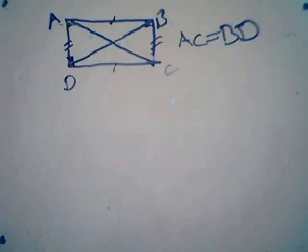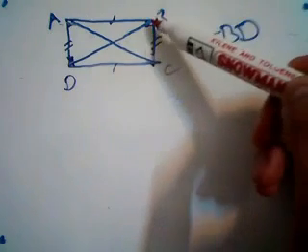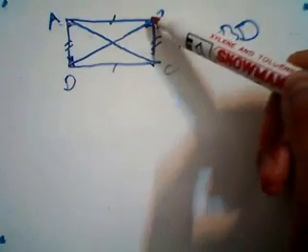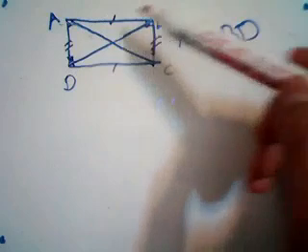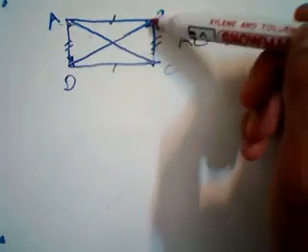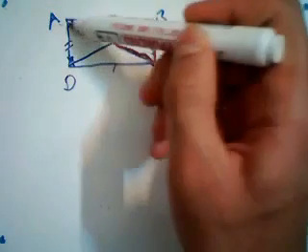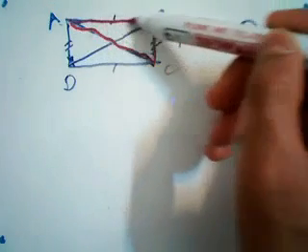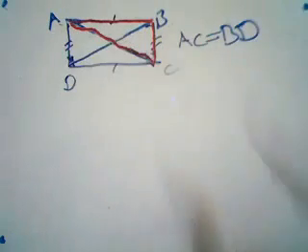So how about these two triangles? ABD, this, and ABC. Let's show it by another color. Okay, this and this.